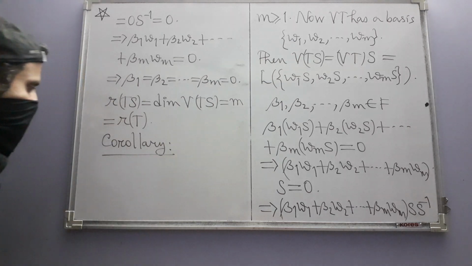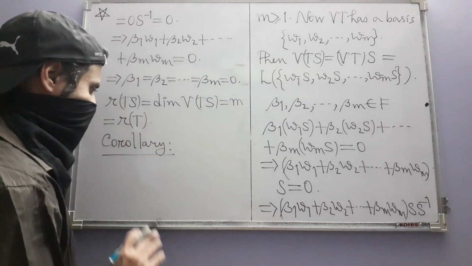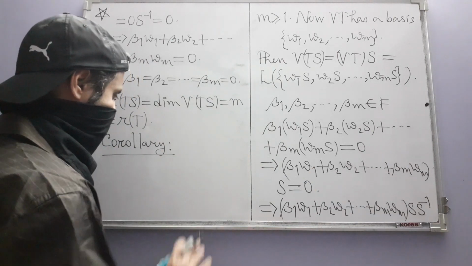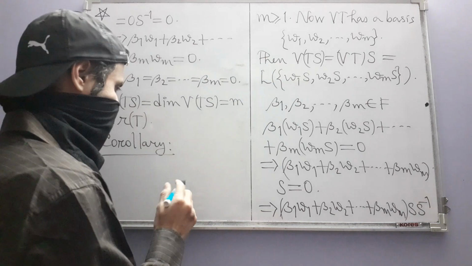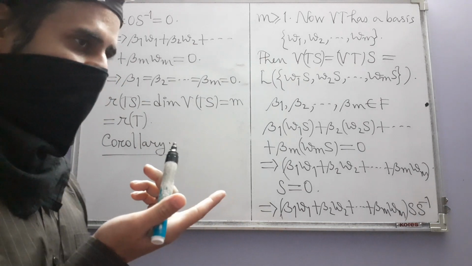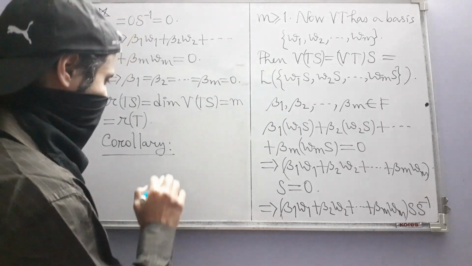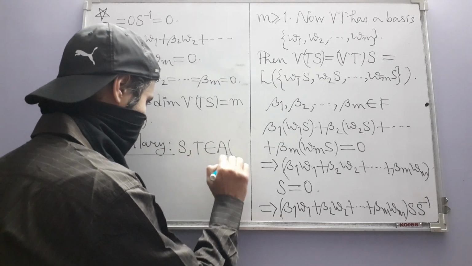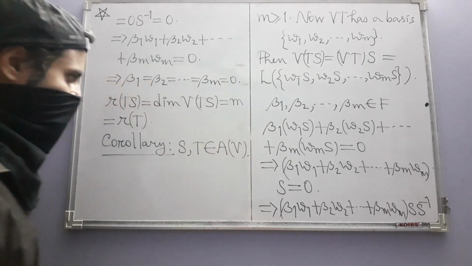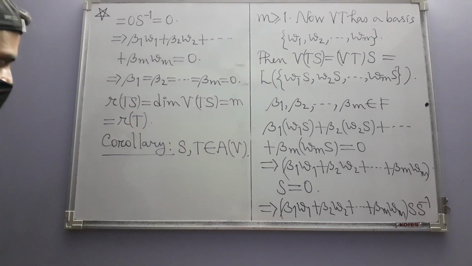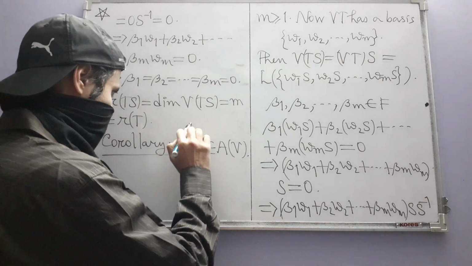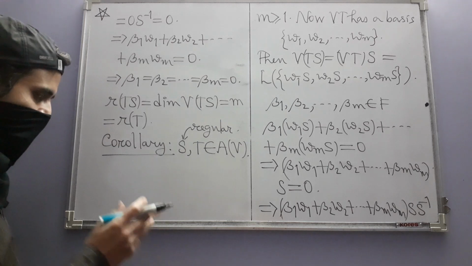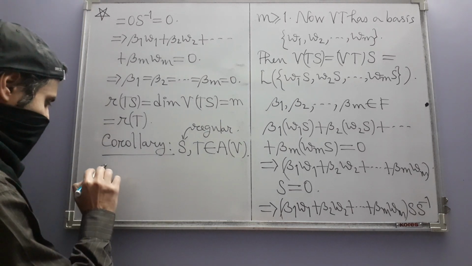And finally, there is a corollary. The corollary says this: you have a finite dimensional vector space V over F, and S and T are again two linear operators on V. If S is regular, then T may or may not be regular.